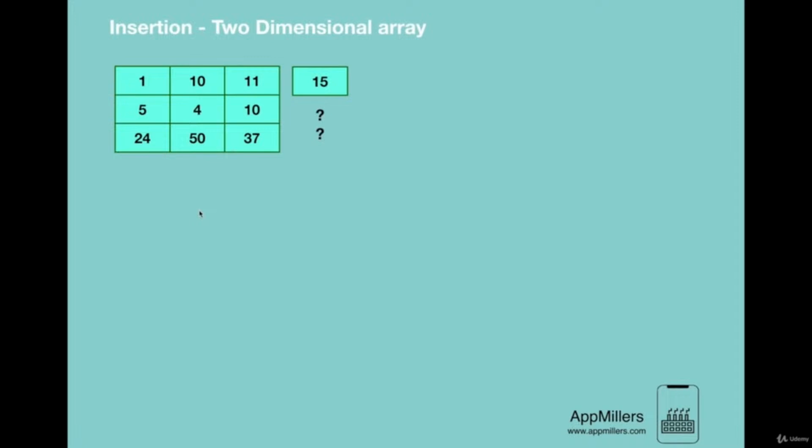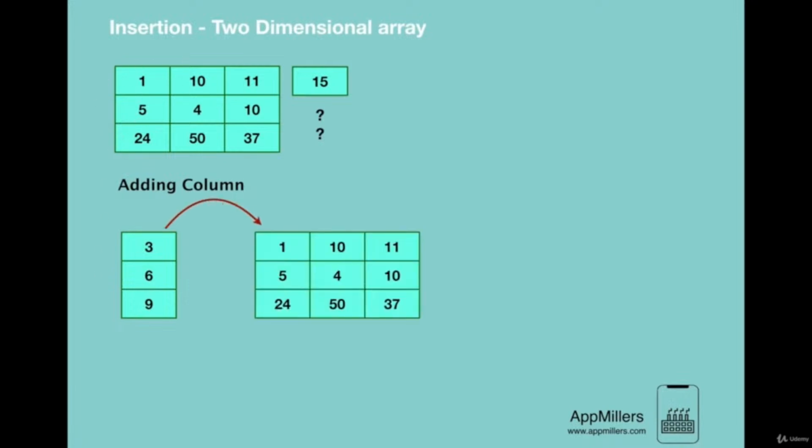There are two different ways of adding elements in a two-dimensional array. The first one is addition of columns and the second one is addition of rows. Let's look at how we can insert a column at the beginning of a two-dimensional array. So imagine that we want to add this column to this two-dimensional array in the beginning. So what will happen?